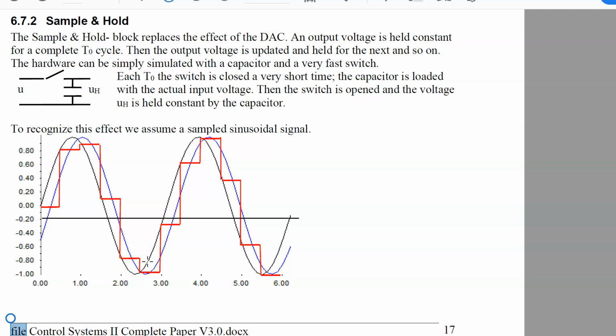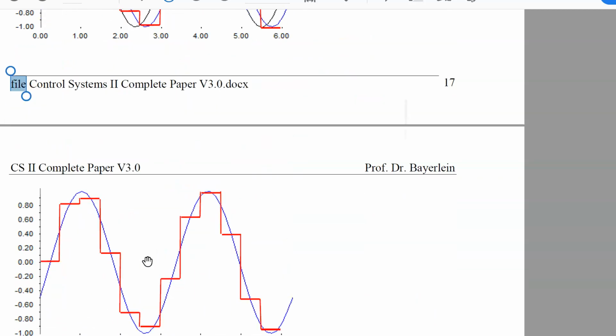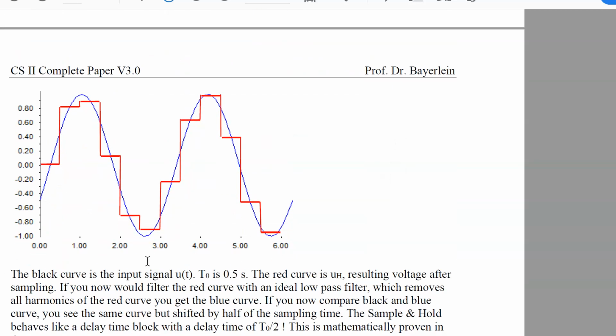To show you in a quick explanation the main behavior of the sample and hold block, look at the receiver of the digital signal, the red curve. If you want to try to reconstruct the original black curve, what can you do?